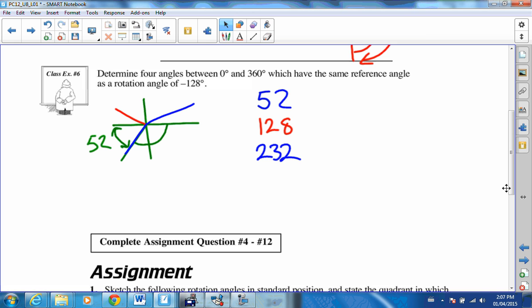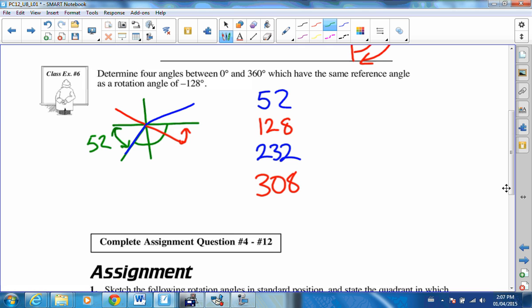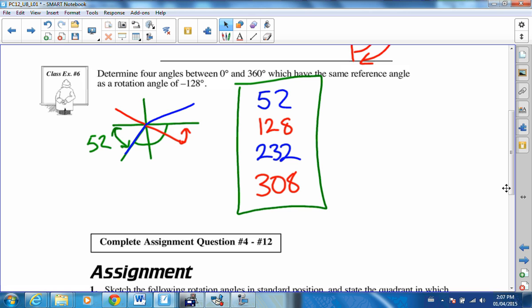And then lastly, I have the one that's going to be 52 down here, and that's going to be 360 minus 52, so that's going to be 308. So all of these four angles, different rotation angles, different principal angles, but they all have exactly the same reference angle.